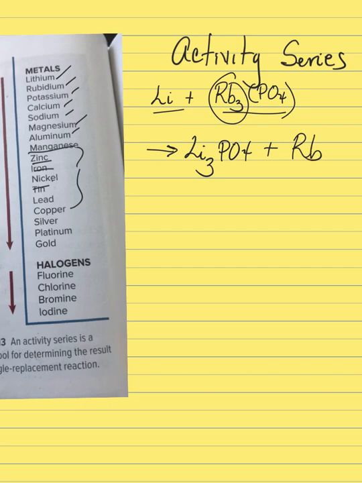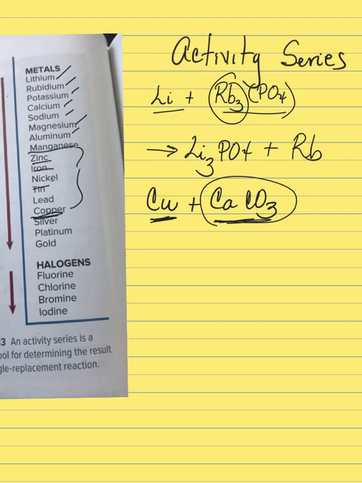Now, let's say that you have copper reacting with calcium carbonate. So you have an element and a compound. This over here is an ionic compound. Copper, which is a transition metal, is it going to be able to replace calcium in that reaction?